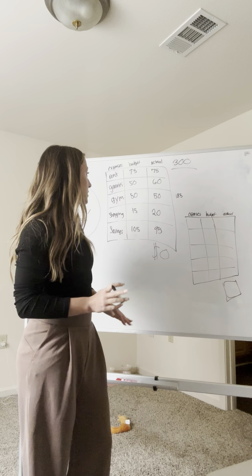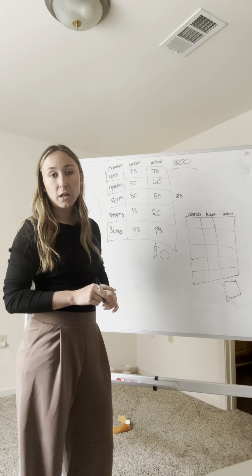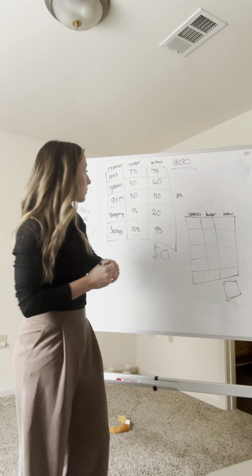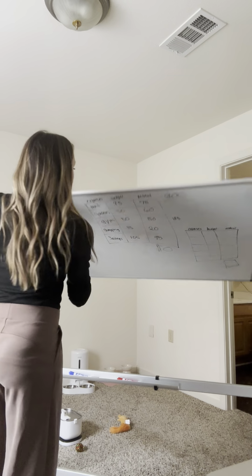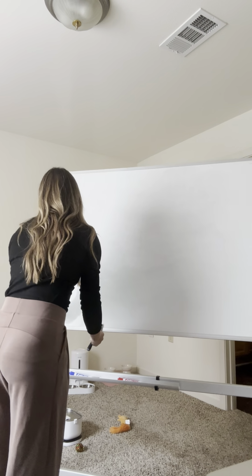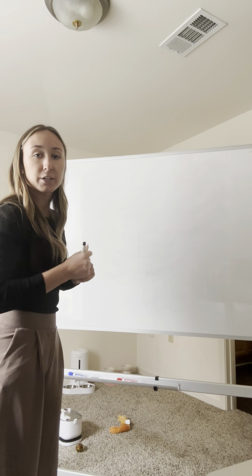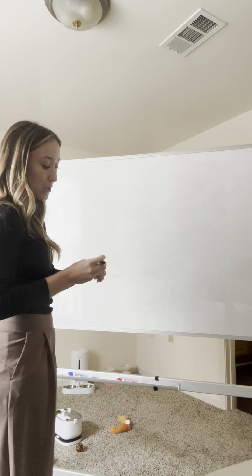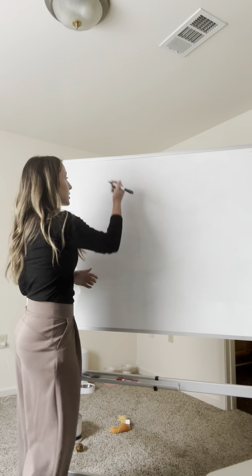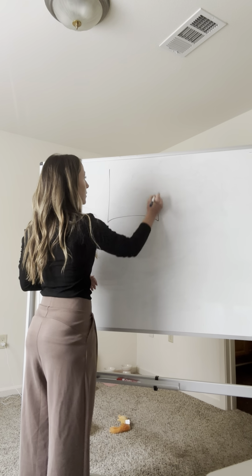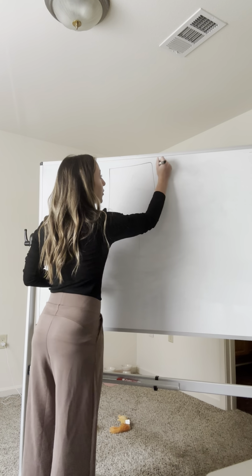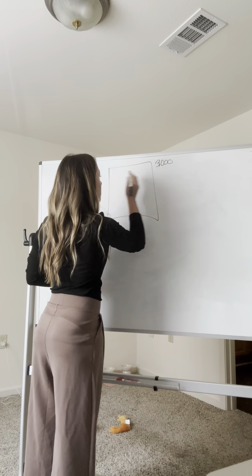So on your blank piece of paper, this is going to be the assignment of the day. You're going to create 3 different budgets and turn it in by the end of class, okay? So the first budget is going to be the zero-based budget. You are going to have $3,000 to spend.